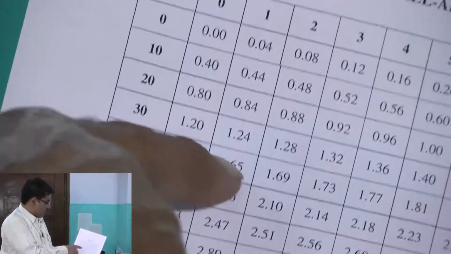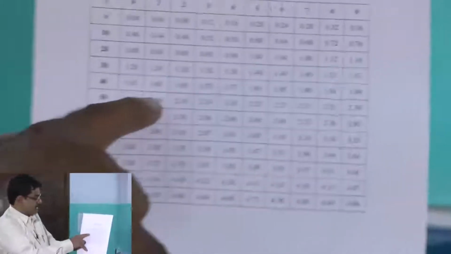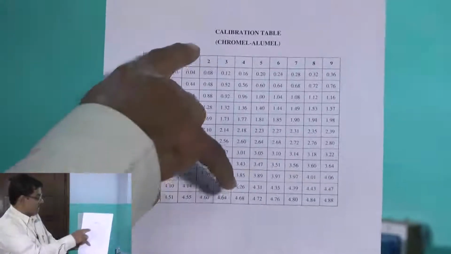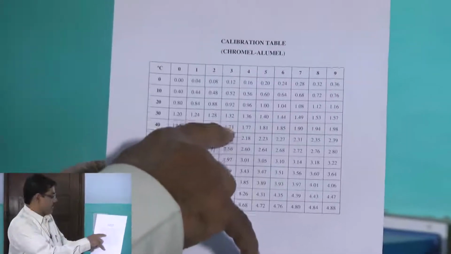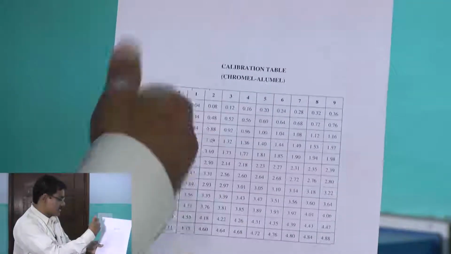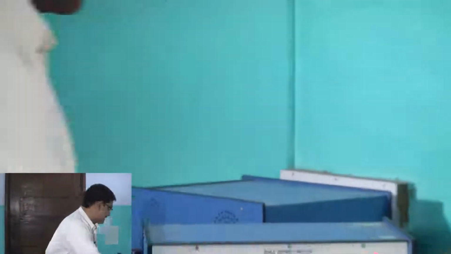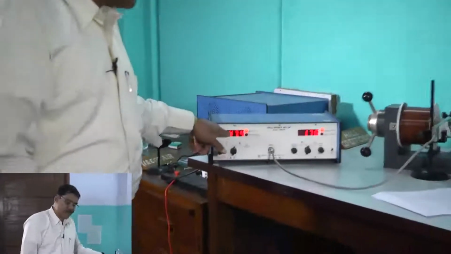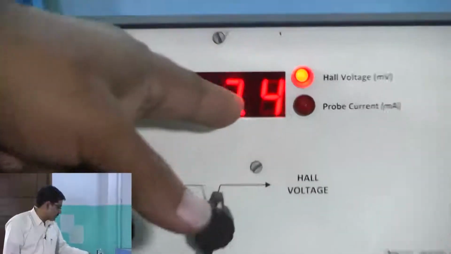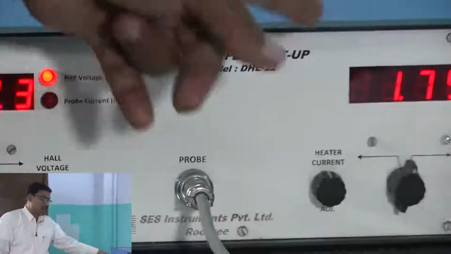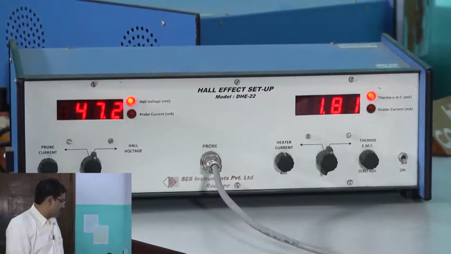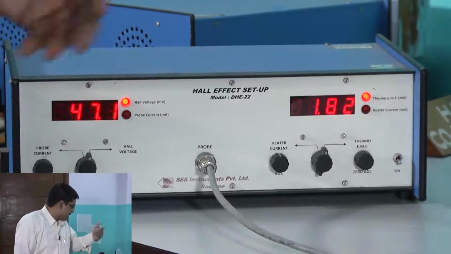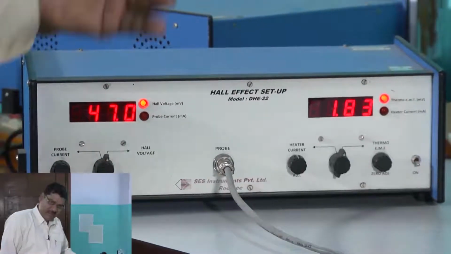See, 1.65, 41, then 42, then 1.73, this is 43. This way the temperature is increased. This value is decreasing from 48, coming to 47.4. So, we have to note down with some step. I think as the temperature gets higher and higher, this will decrease faster and faster.